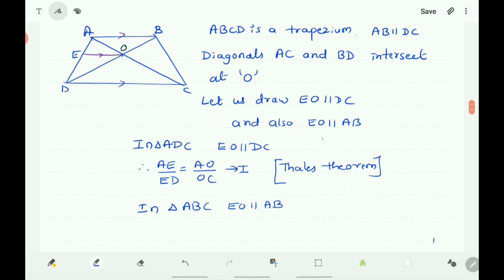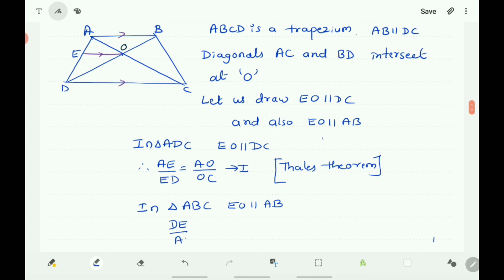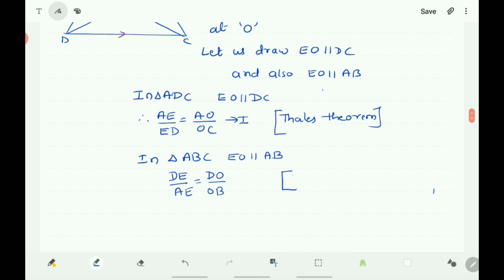So you can write, as it is triangle ABD, D is the vertex, so you must take DE by AE is equal to DO by OB. Because EO is parallel to AB, you must take the vertex D. And here the reason is Thales theorem.